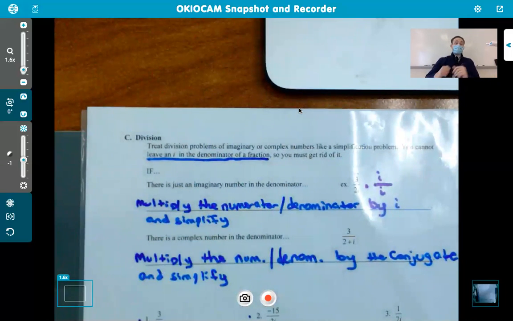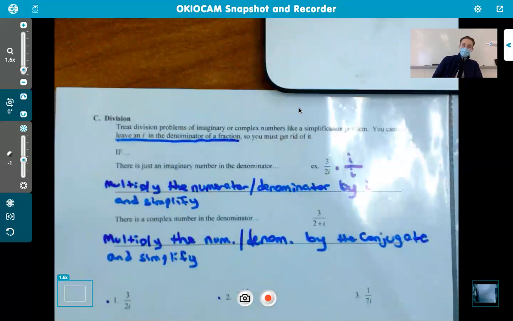And then I'm going to simplify. When there is a complex number in my denominator, I multiply the numerator and denominator by the conjugate, and I simplify.